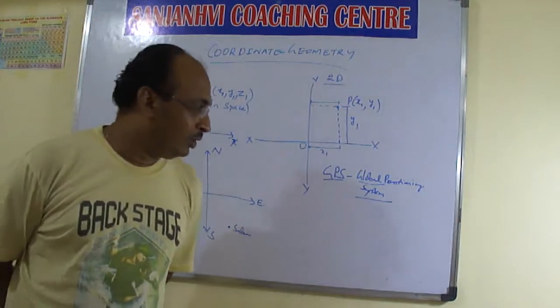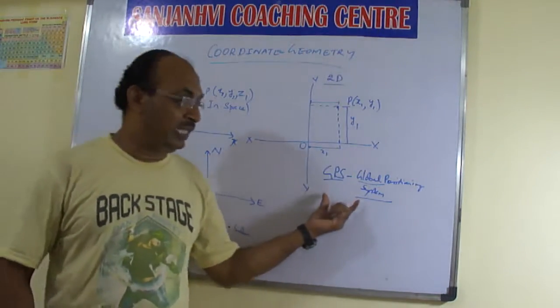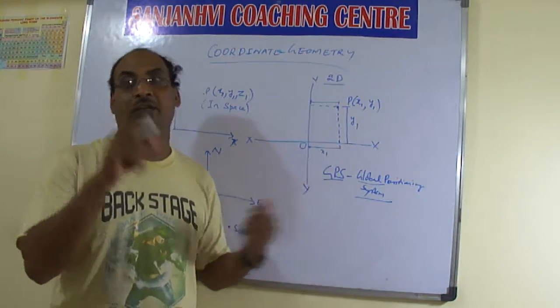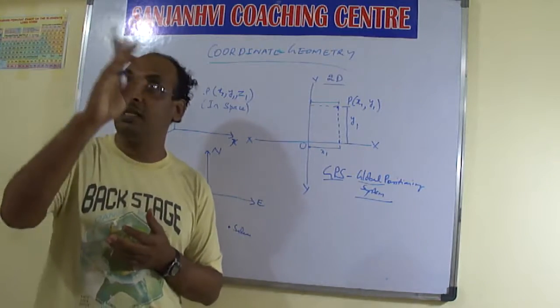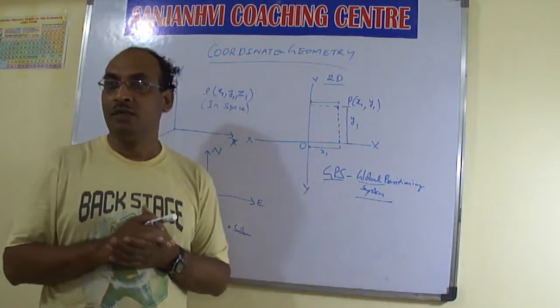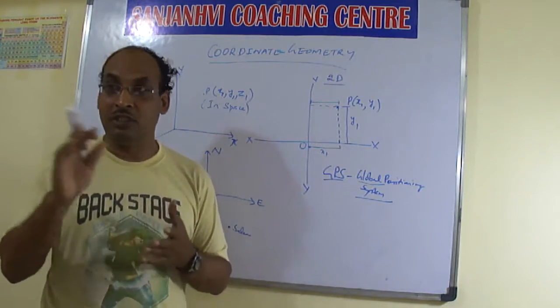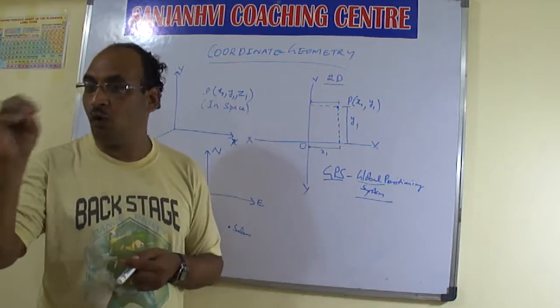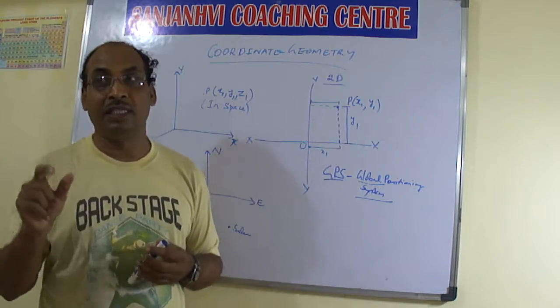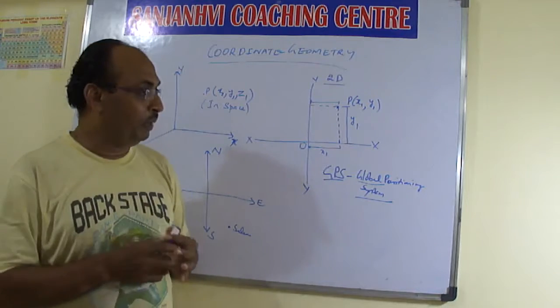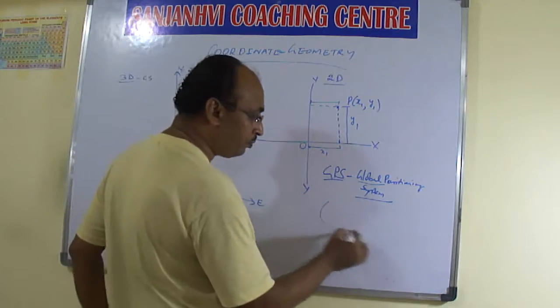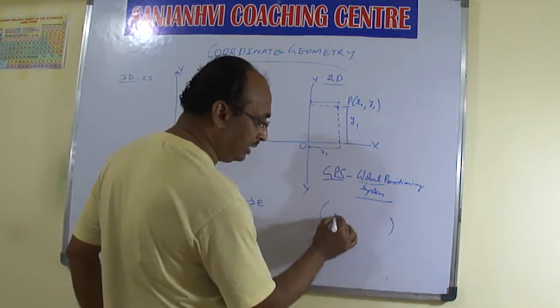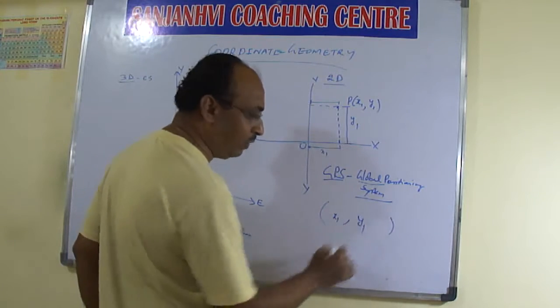So this global positioning system gives the coordinate of that particular point with reference to the globe, the world, at what point that particular location is. That will be given by 2 values, one is x1 and one is y1.